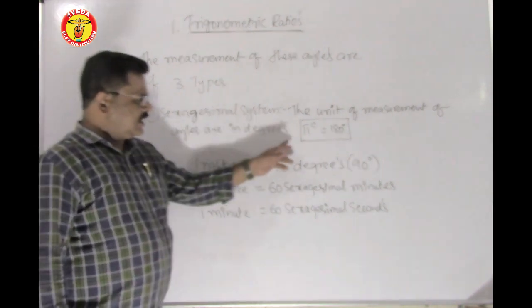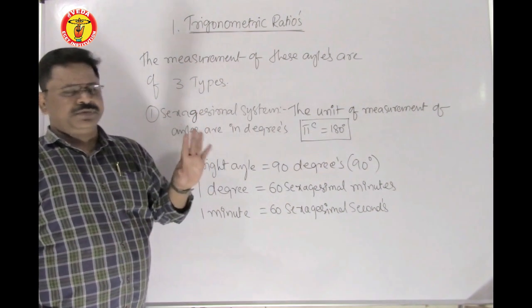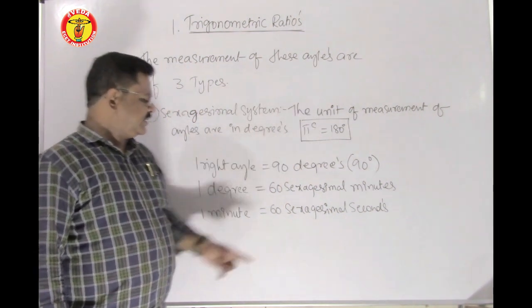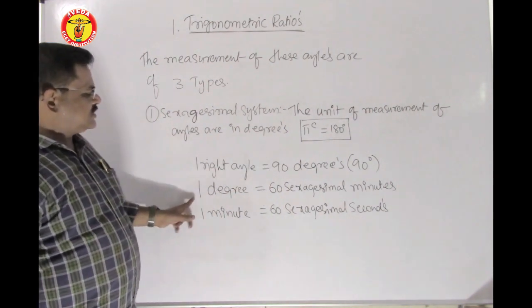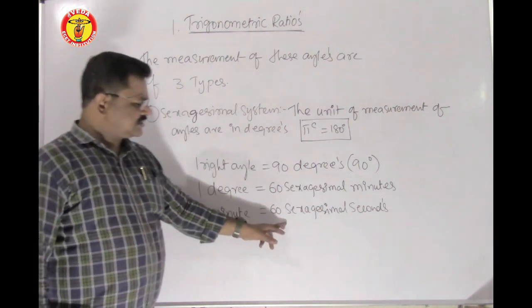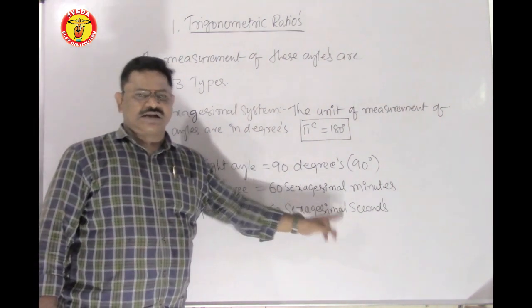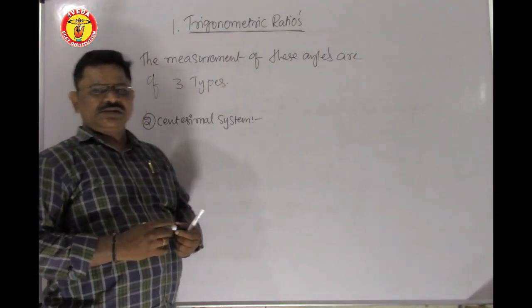In radians and degrees we have a very close relation. Pi radians is equal to 180 degrees, and one right angle is equal to 90 degrees. 1 degree is equal to 60 sexagesimal minutes, and 1 minute is equal to 60 sexagesimal seconds. Clear?